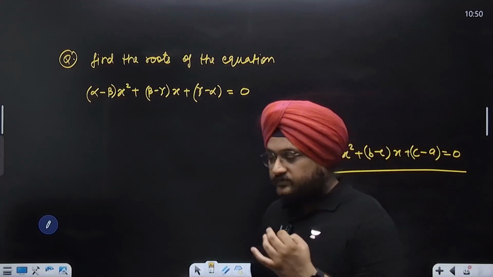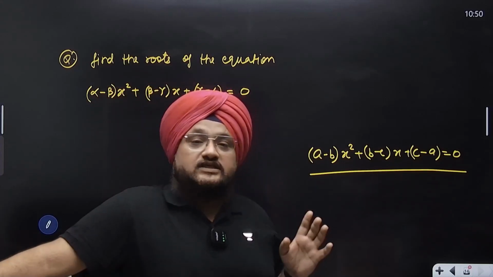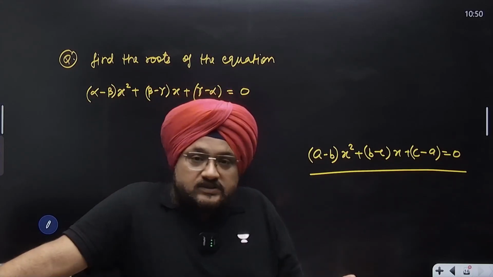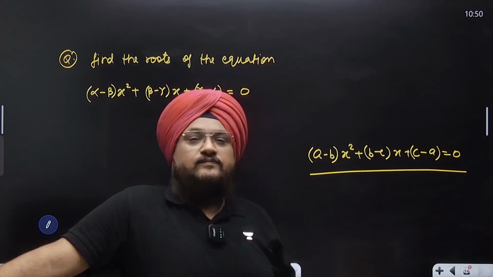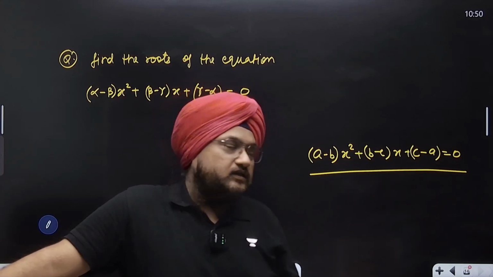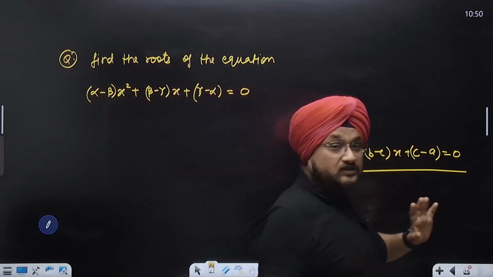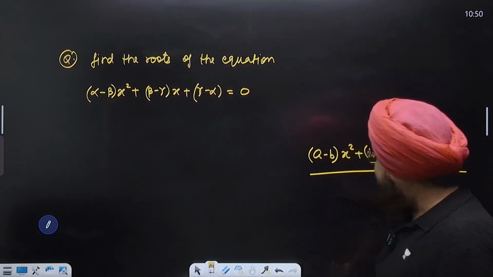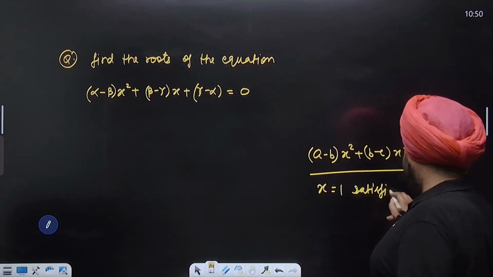You can check if the sum of all the coefficients in an equation is 0, in any equation, be it quadratic, cubic, or biquadratic. If the sum of all the coefficients in an equation is 0, then we can surely say that x equal to 1 satisfies that equation.